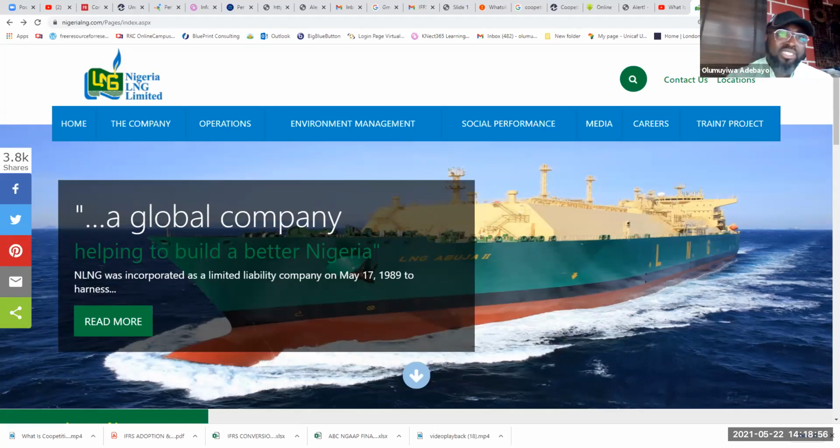Now, the uniqueness is that it's similar to a joint operation, but the whole difference here is that instead of those four entities managing the gas field together by way of operation, they created such activity by way of business.